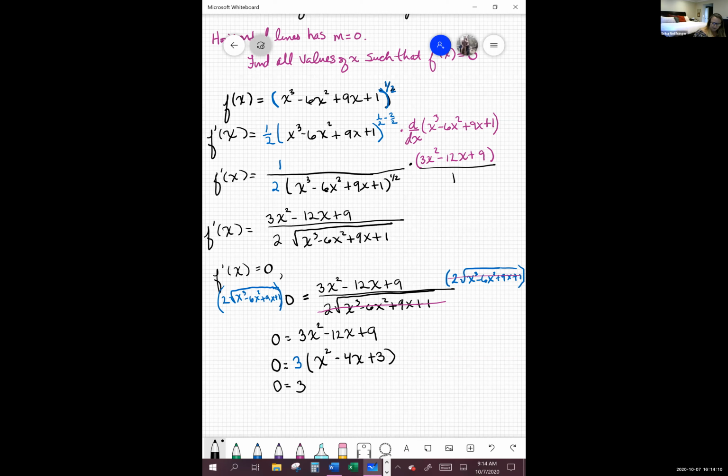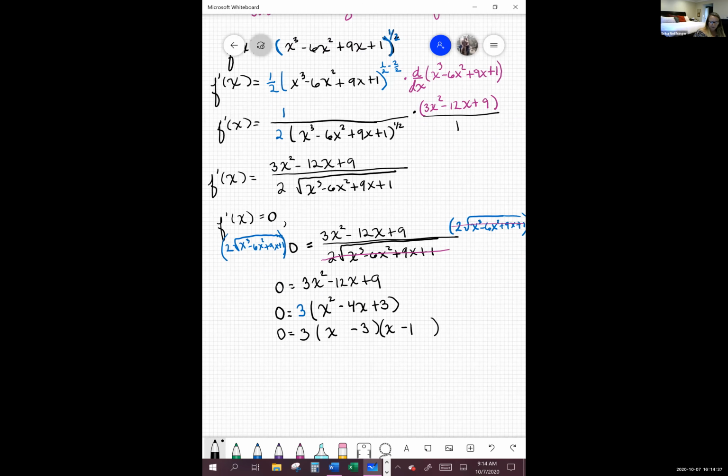Doing that, my coefficient in front of x squared is 1, and that's the easiest case. So you're thinking, what two numbers multiply to a positive 3 and add to a negative 4? Negative 3 and negative 1. Once it's set equal to 0 and you factor the one side completely, set each factor equal to 0.